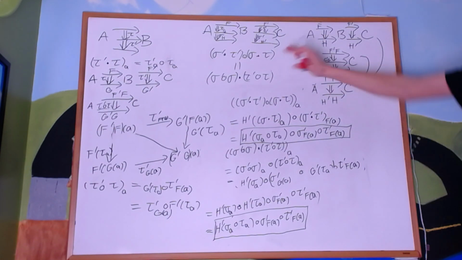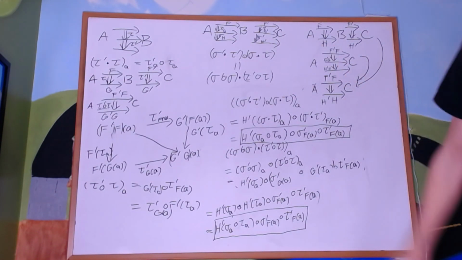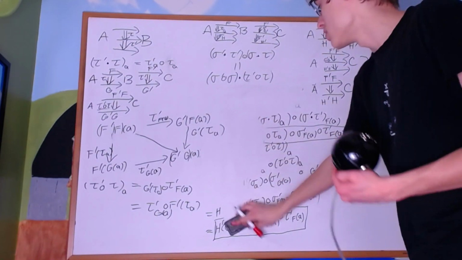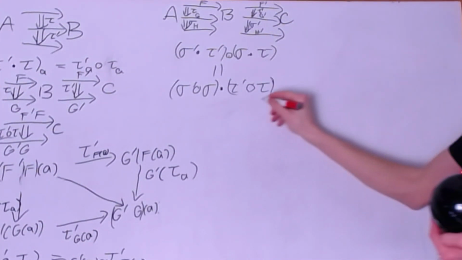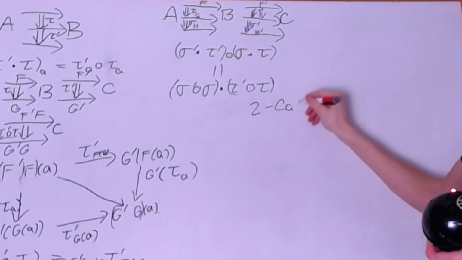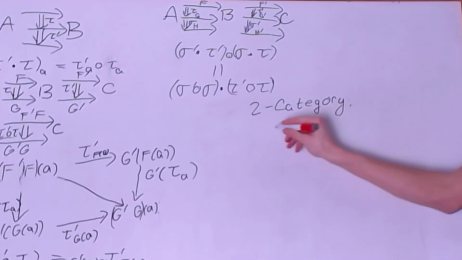So this is nice and all, but what exactly can we do with this interchange law? What are the nice properties that can come with this interchange law? What this law allows us to do is create what's known as a two-category. So the idea behind a two-category is basically the idea of Cat.